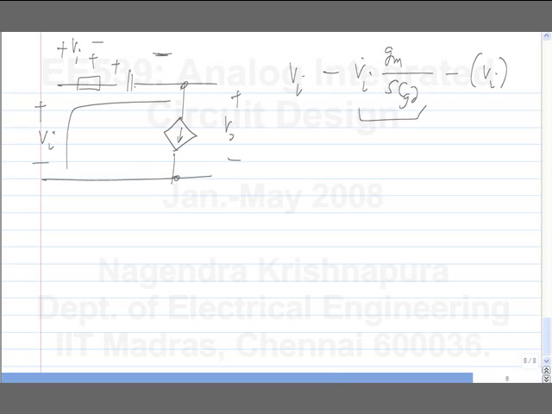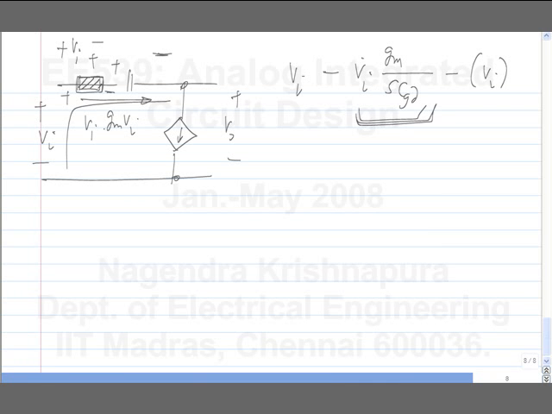And I want to get rid of Vi. So I want to introduce another voltage drop here. So what should that thing be? It's a resistance of value 1 by Gm, okay? Because the current flowing here is Gm times Vi, and the voltage drop across this will be Vi.